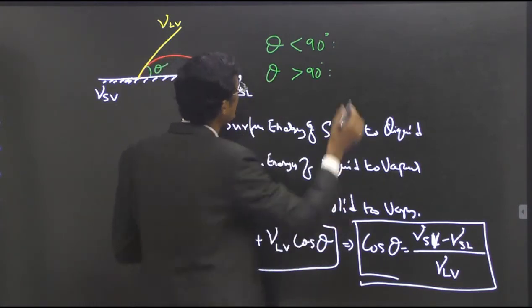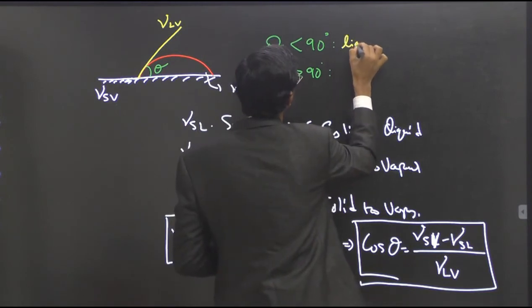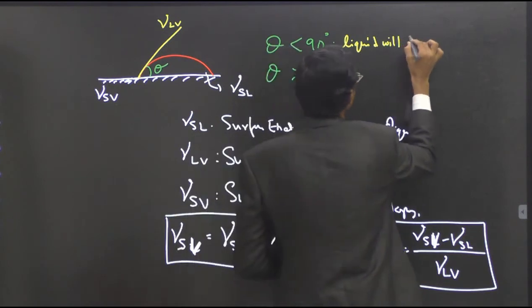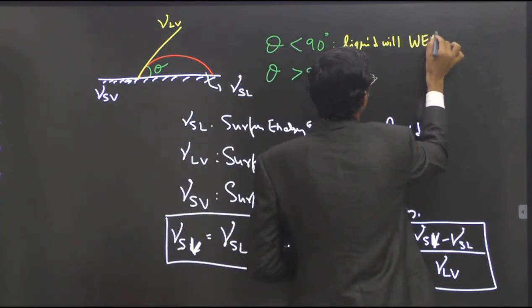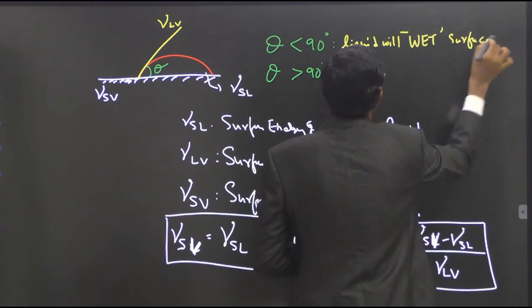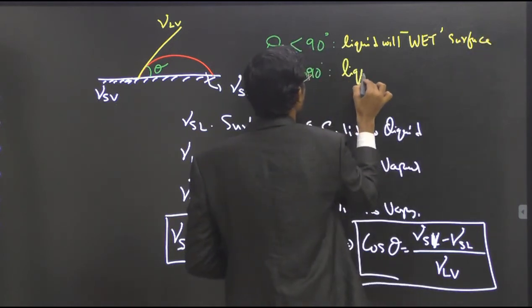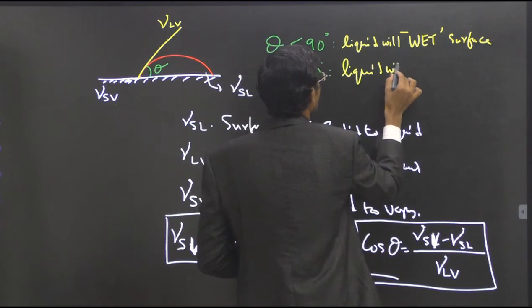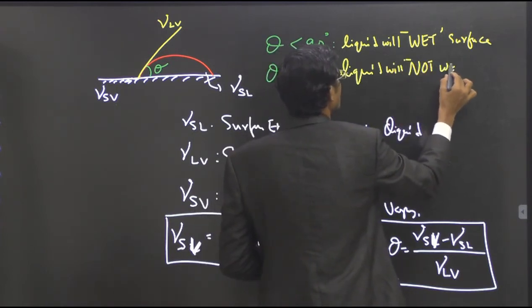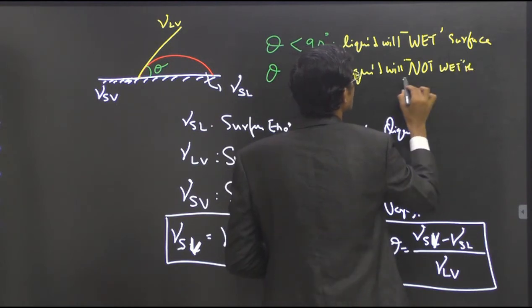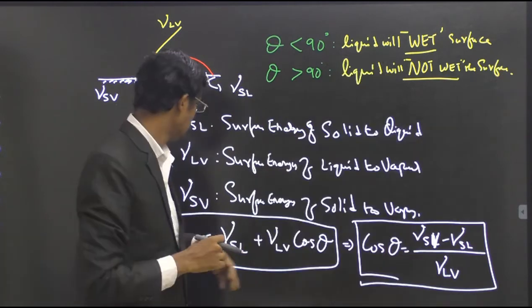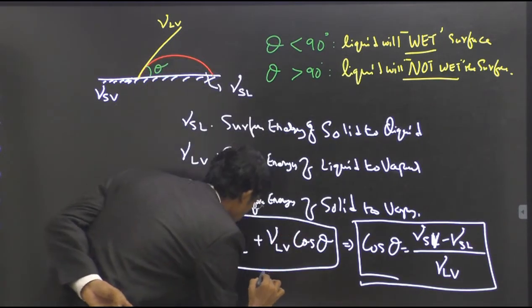If less than 90, the liquid will wet the surface. Here the liquid will not wet the surface. So this equation is called Young's equation.